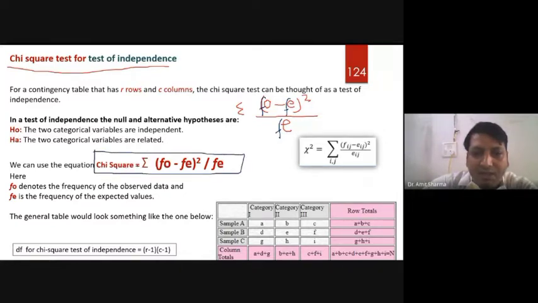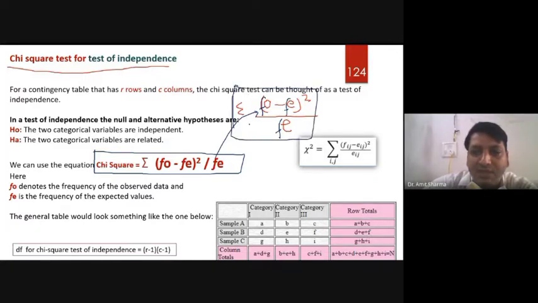The chi-square test for independence equation is the sum of frequency observed minus frequency expected, squared, divided by F E. Just add this F, which stands for frequency, and you are going to get the equation for the chi-square test for independence.